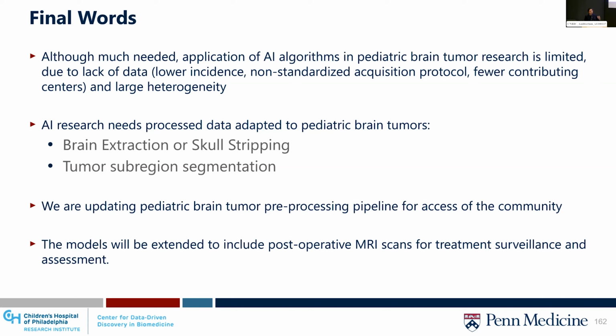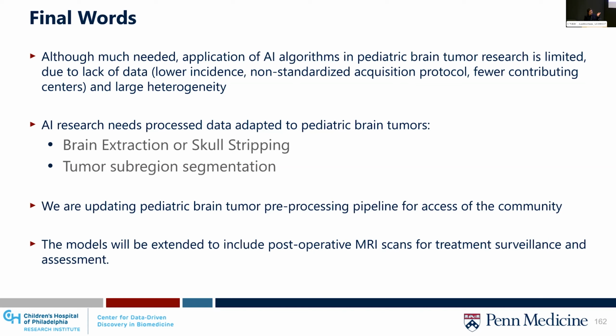So if we have more standardized acquisition protocols across the centers, and if we have more contributing centers, our modeling would be enhanced. And there's a large heterogeneity across pediatric brain tumors, which is inevitable.